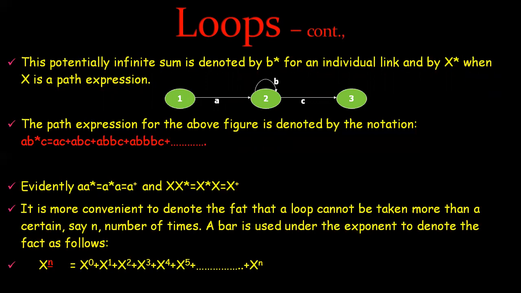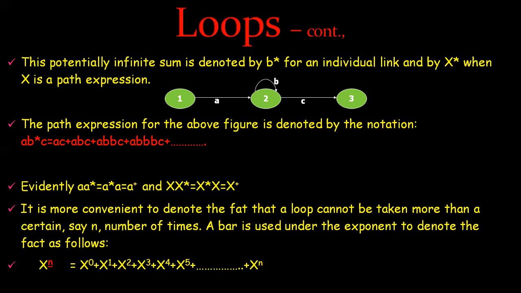If you have at least 1, then we call it plus closure, A plus. So X into X star is equal to X plus, that is minimum one X. So this X is mandatory, while X star can be either 0 or more than 0.